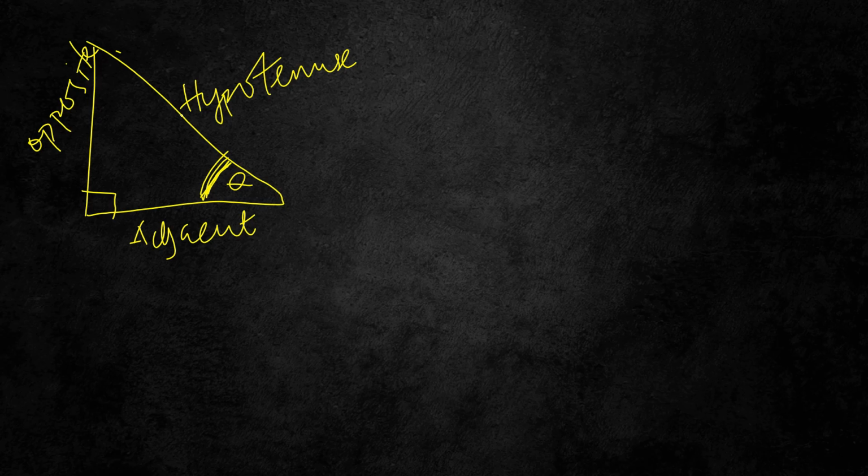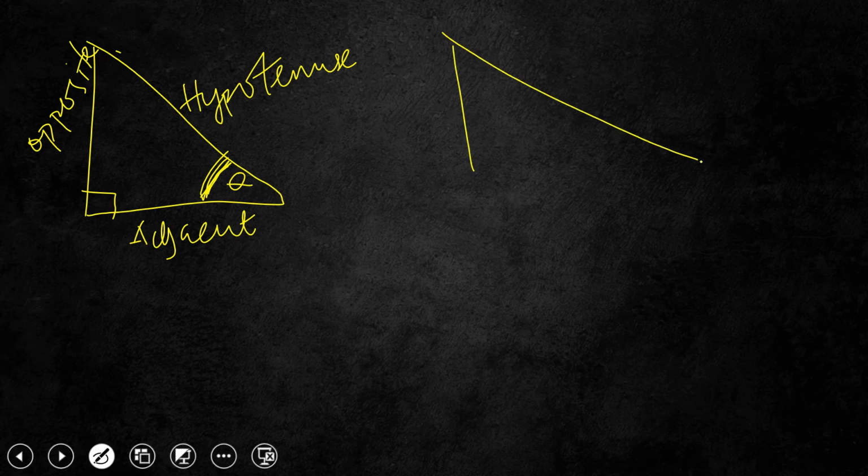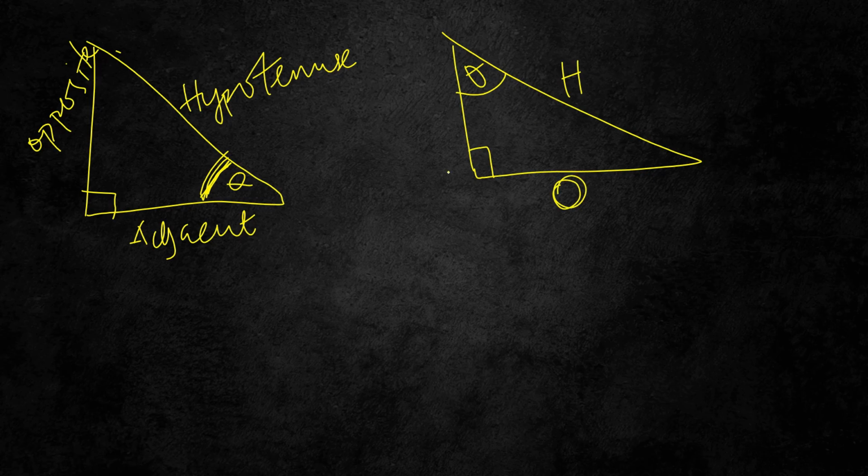Now, if I had my triangle this way, and my angle under consideration maybe is somewhere over here, theta, then in that case, the hypotenuse will still remain the hypotenuse. Then this side will now become the opposite, because now you realize that this side is opposite to my angle. Then this side over here becomes the adjacent.